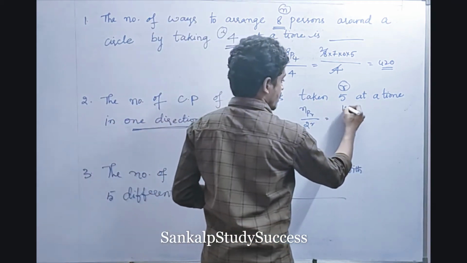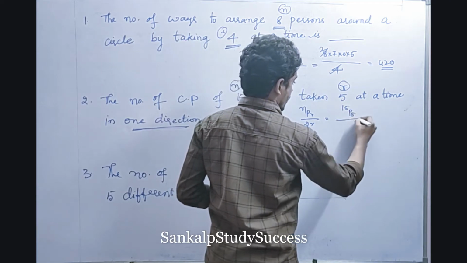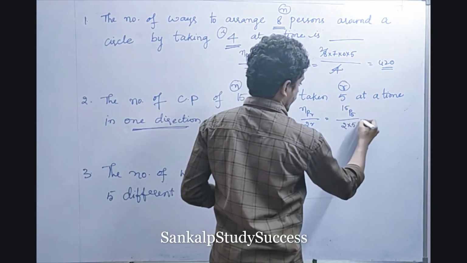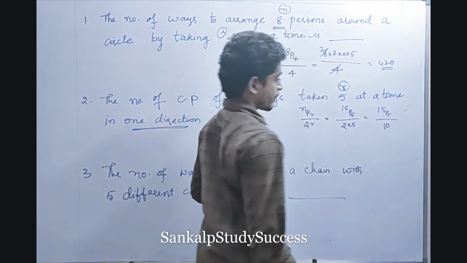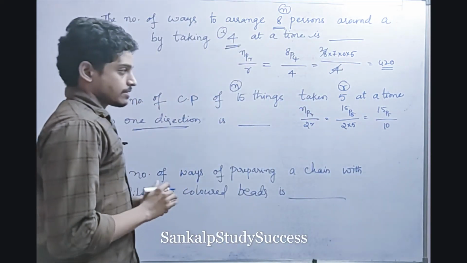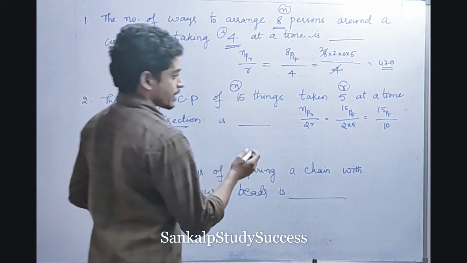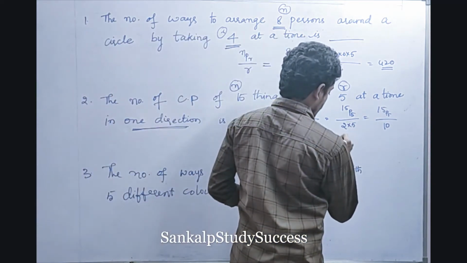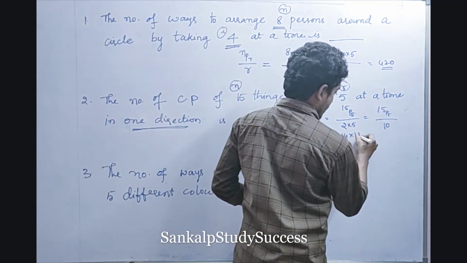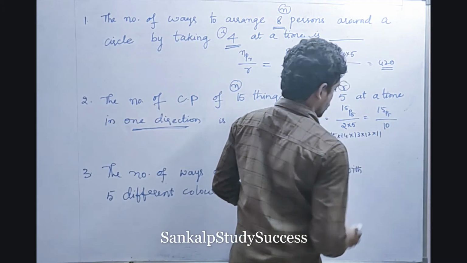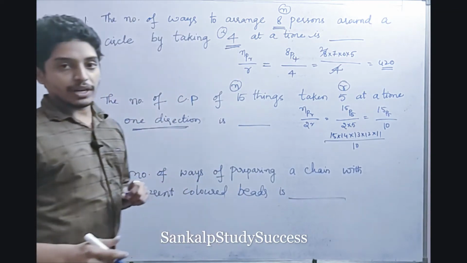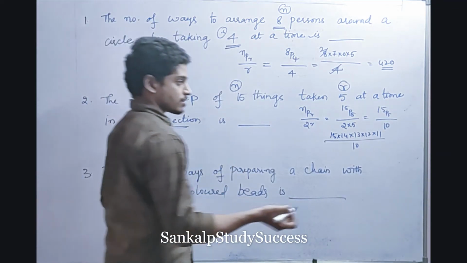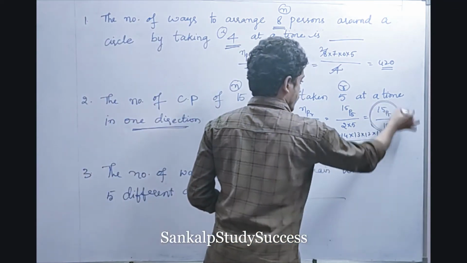It is 15P5 divided by 2 into 5, that is 15P5 by 10. 15P5 is 15 into 14 into and so on. This is lengthy, you can use the virtual calculator. Divided by 10, you can calculate this value and finally you will get the answer, or else you can find this answer in the options.